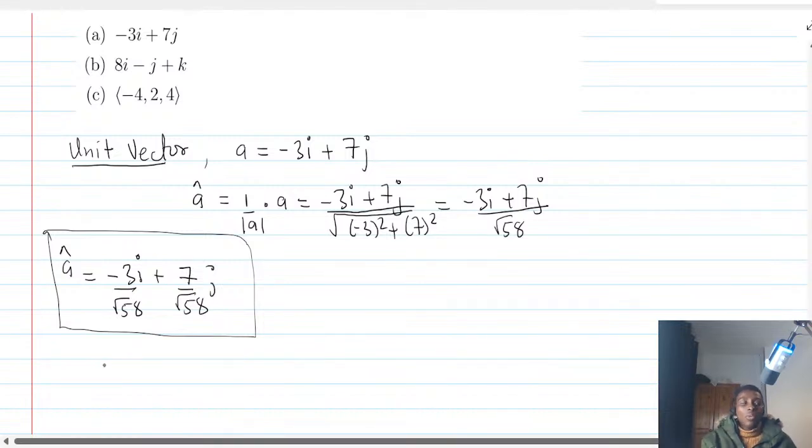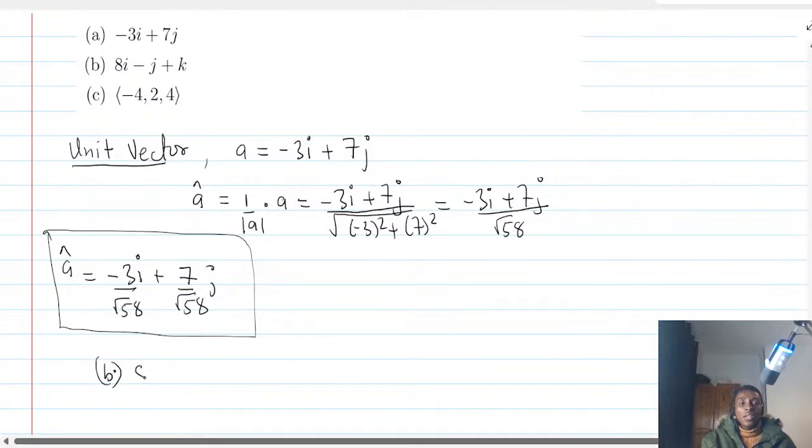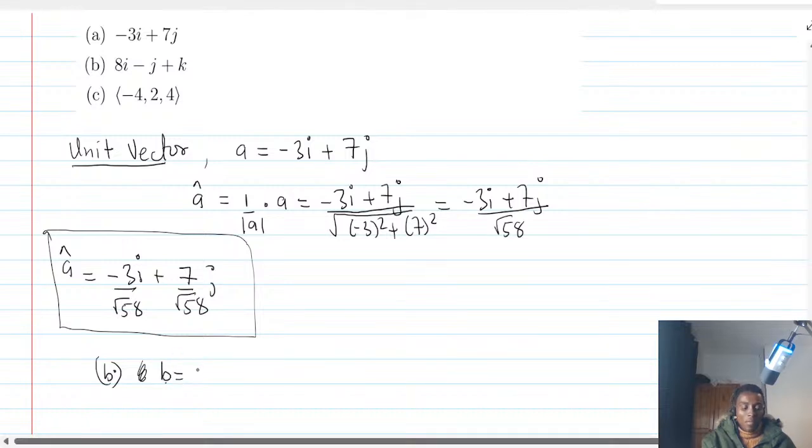Now let's solve the next example. Example B. So let's call that vector B. So for vector B, 8i minus j plus k.